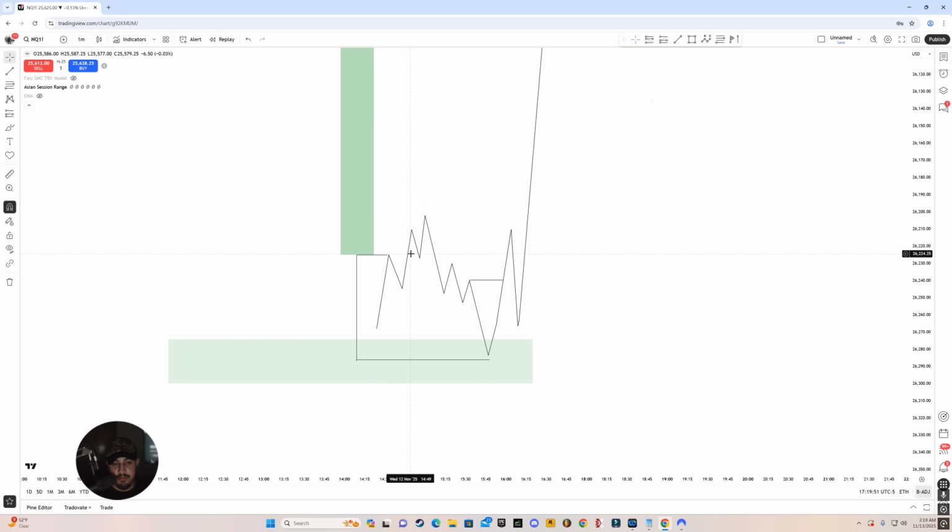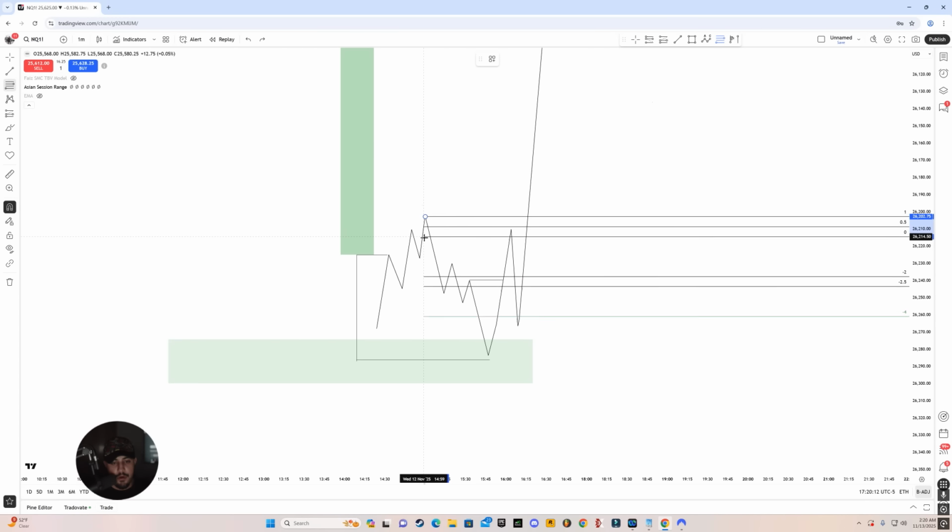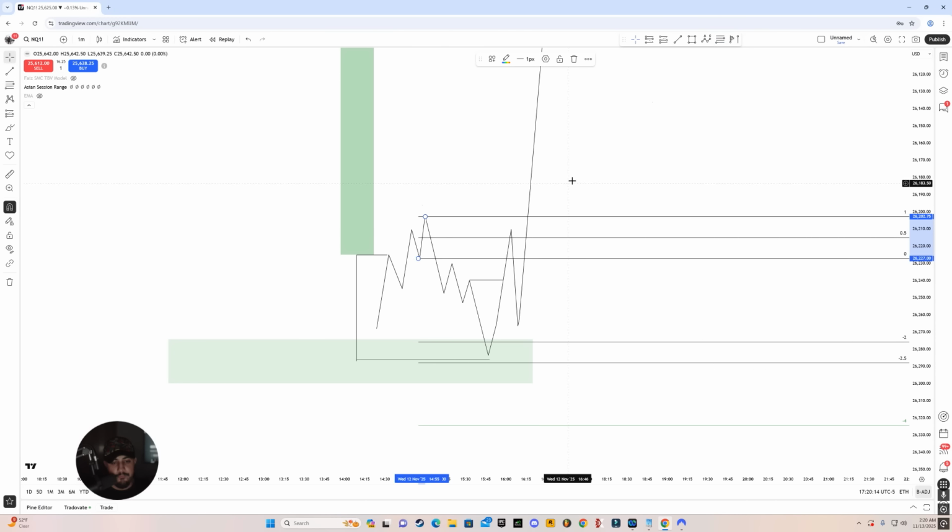So for example, during the accumulation phase, what you want to do is identify a market structure shift during the accumulation phase, okay? So we have the accumulation going on around this area. Now notice here we have a market structure shift, right? Last low that was formed and the last high. So we want to use our fib tool from the last high that was formed to the last low before market structure shift around this area.